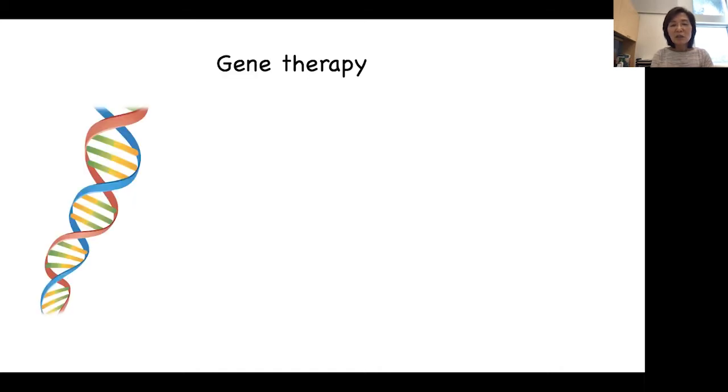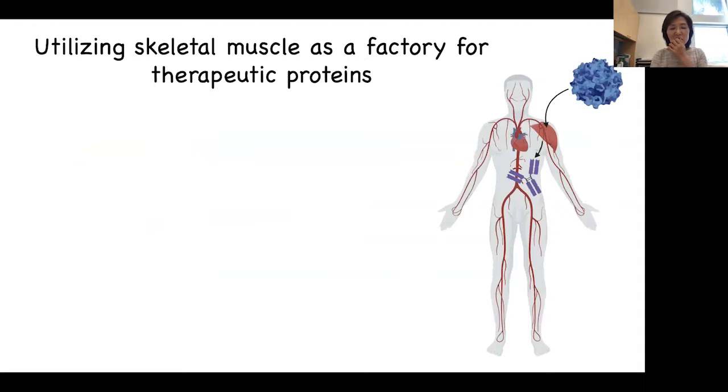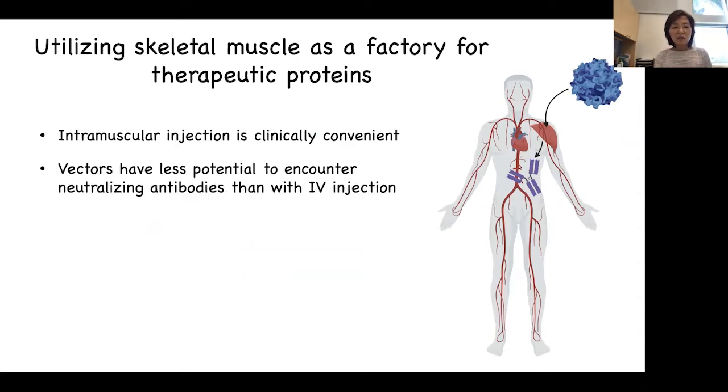Because we lost a lot of time, I'm going to skip some slides. So why do we want to target skeletal muscle? Because intramuscular injection is clinically very convenient, and we human beings have lots of AAV antibodies against many different serotypes.